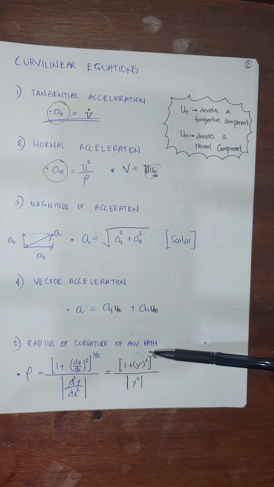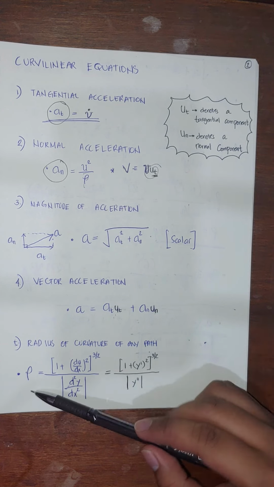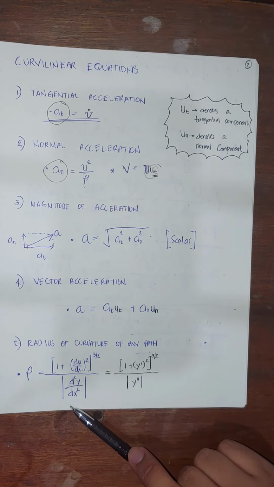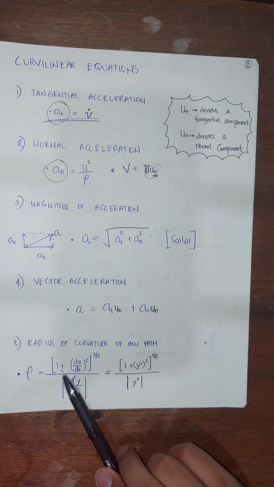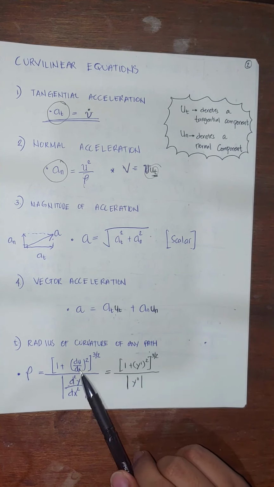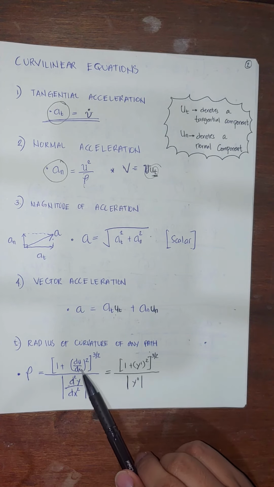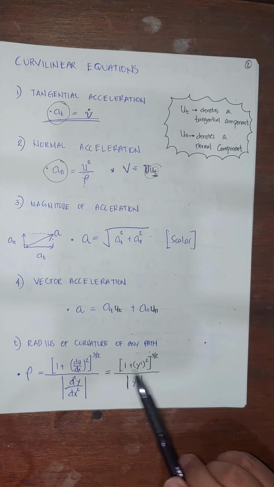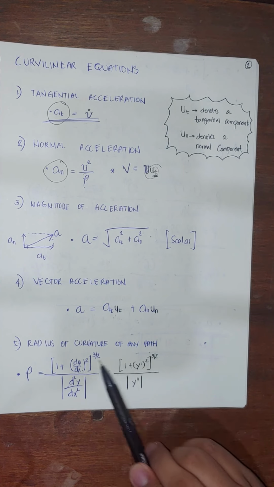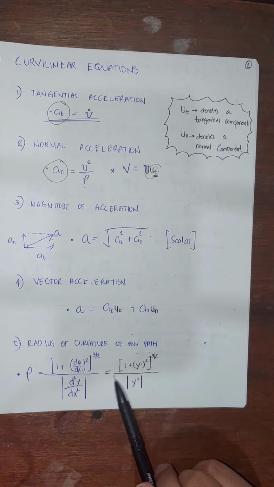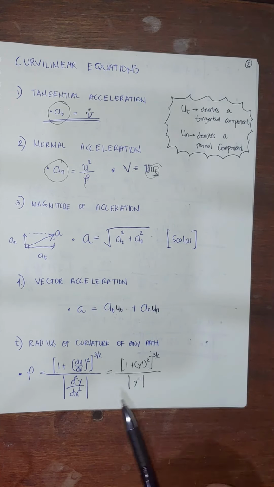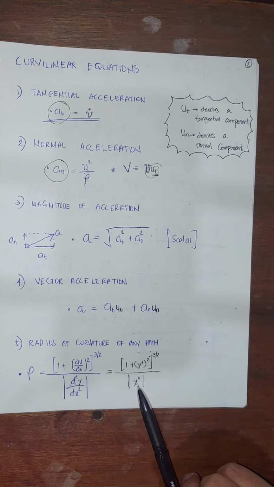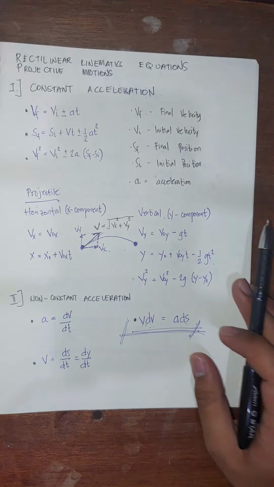For the radius of curvature of any path, rho, if we are given a function of the curve, it is just this equation: the quantity of 1 plus the square of the first derivative, dy over dx, or y prime squared, raised to 3 halves, all over the absolute value of the second derivative, d squared y over dx squared, in prime notation y double prime.